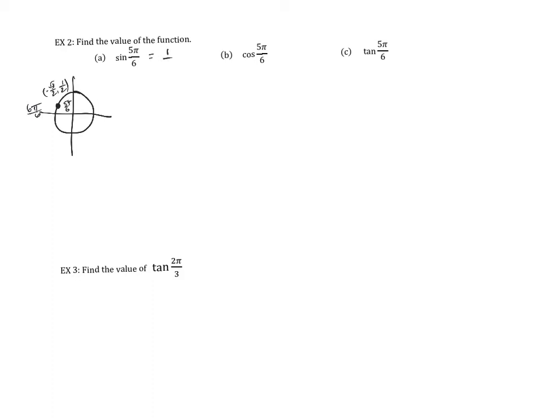The sine is the y value, so that is 1/2. The cosine is the x value, so negative square root of 3 over 2. And the tangent is y over x, so that is 1/2 over negative square root of 3 over 2. Take the numerator, multiply by the reciprocal of the denominator.